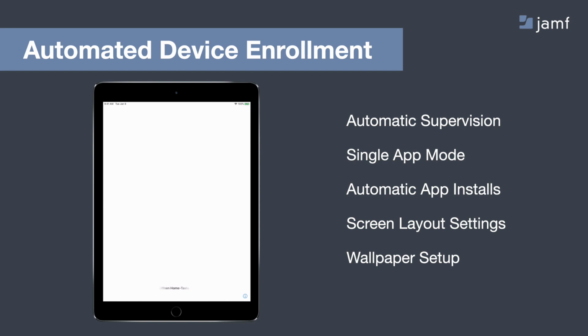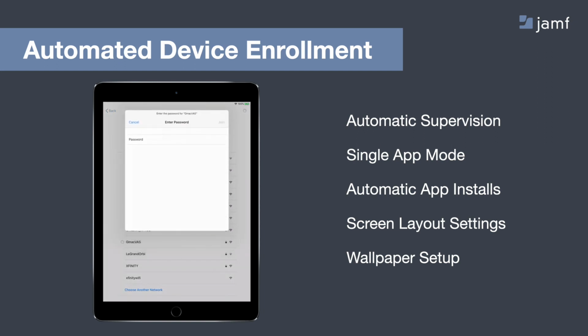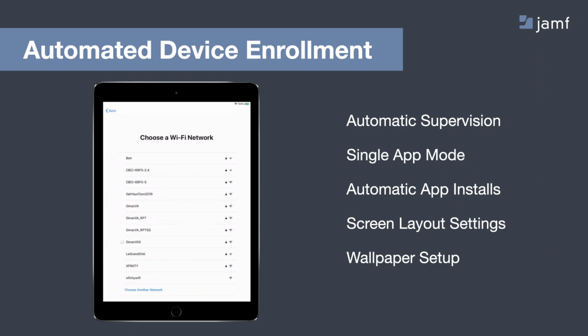On a brand new device, we turn it on. From the Hello screen, we select the language, the region, and we connect to Wi-Fi. Once we connect to Wi-Fi, the device will phone home and communicate with Jamf.